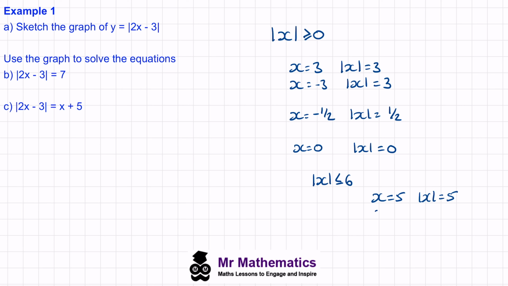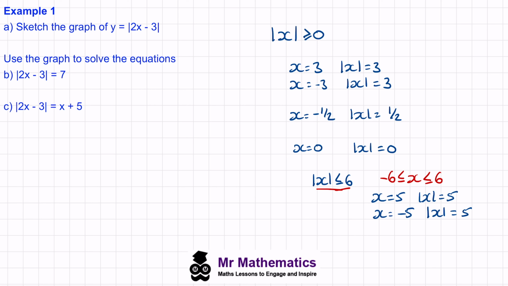But we could also say that x is equal to negative 5, which gives us a modulus of positive 5. So we can define this inequality as x being less than or equal to 6, but greater than or equal to negative 6. So a modulus function works for individual values, but it also works for a range of values.